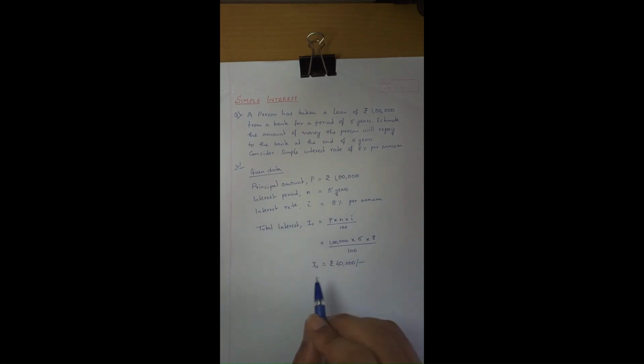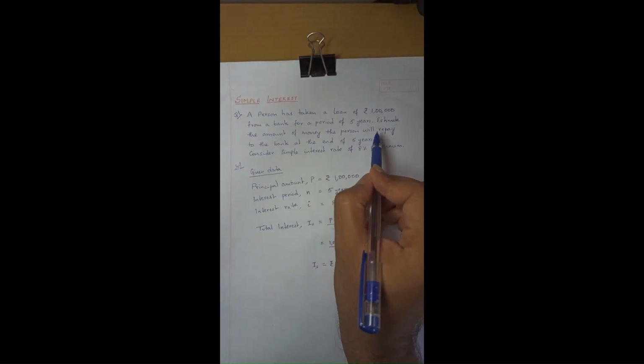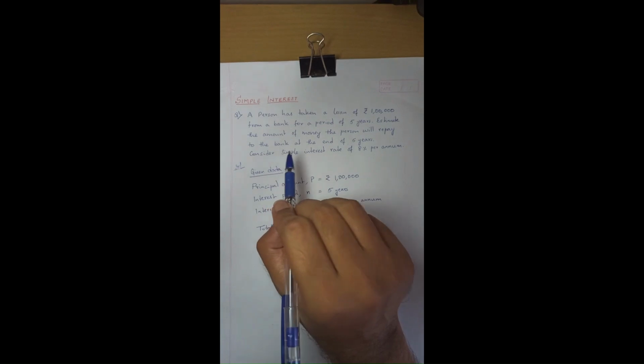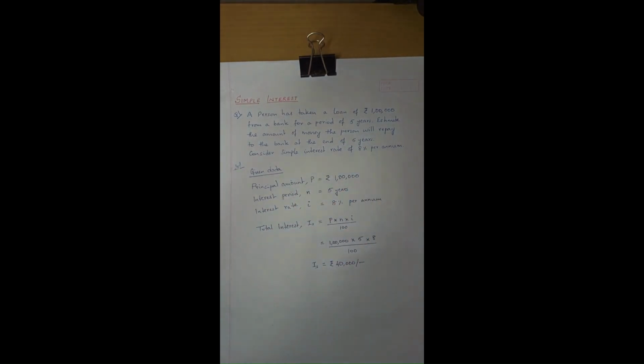But in the question they have asked how much money the person will repay to the bank after 5 years. So after 5 years, what he is going to pay is the principal amount plus the total interest.